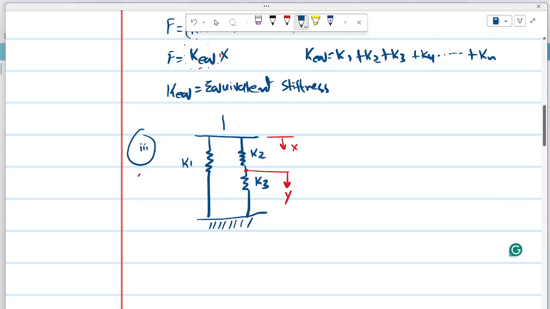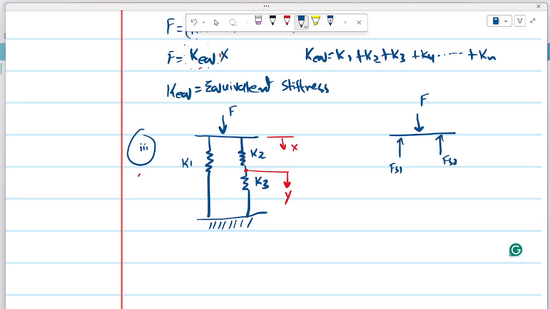Now let's suppose a force is being applied from this direction, so we can draw the free body diagram. We have a force in this direction, and let's suppose positive is downward and negative is upward. It is opposed by the spring force of the first spring and the spring force of the second spring.